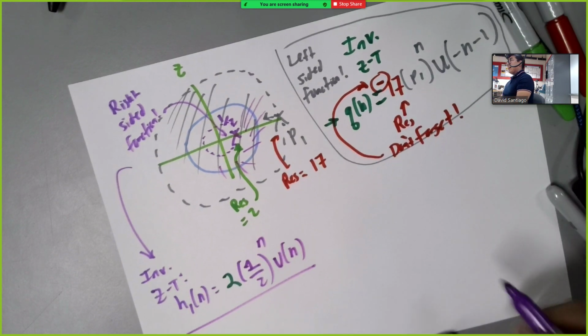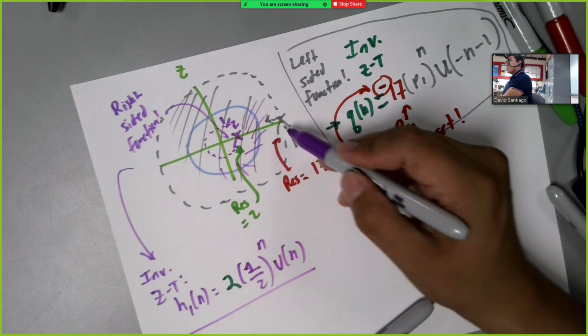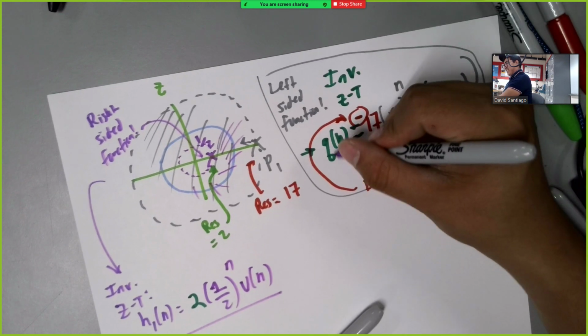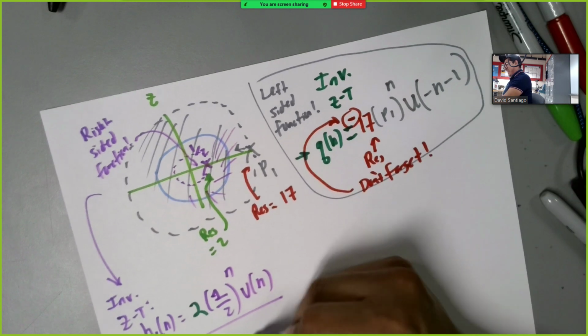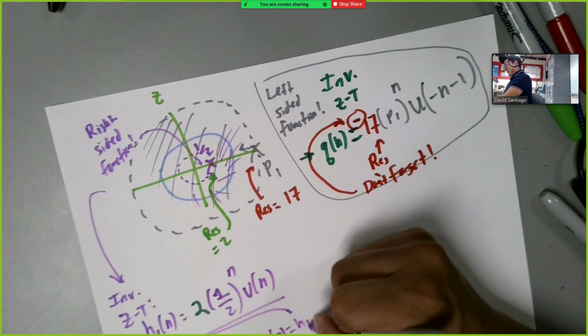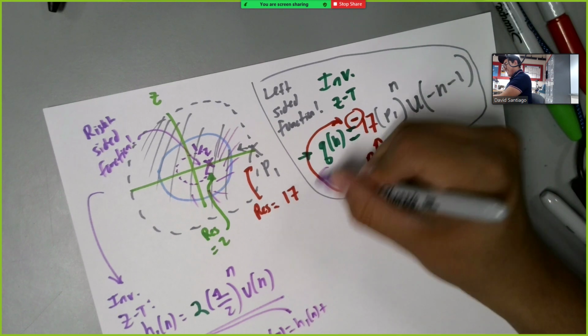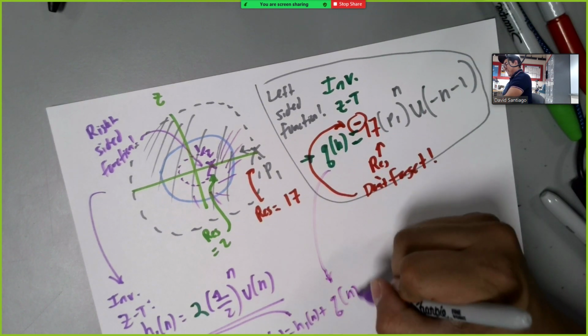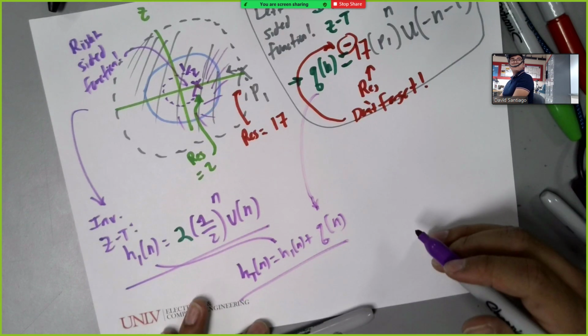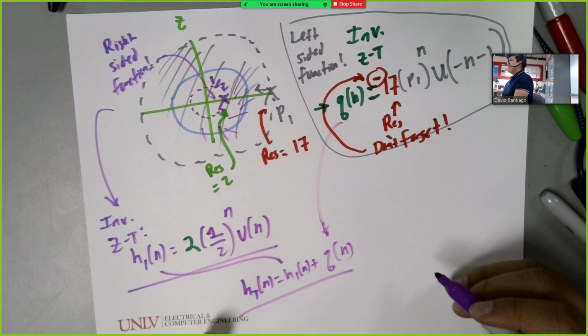All right. And now if you wanted to add these two systems together, here's q. H total of n is going to equal h1 of n plus q of n. And there you go. You have your entire system. Making some sense?